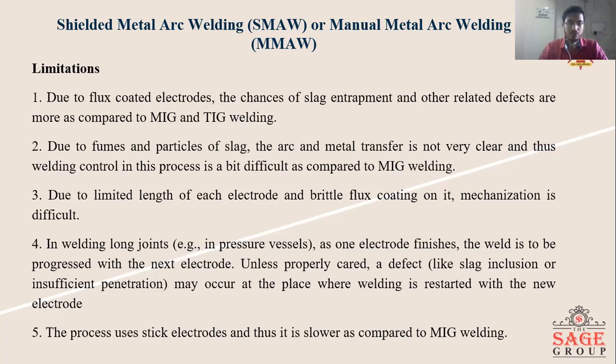In welding a long joint, as one electrode finishes, the weld has to be continued with the next electrode, and unless properly cared for, a defect may occur at the place where welding is restarted with a new electrode. So this is also a limitation or disadvantage. The process uses a stick electrode and thus it is slower as compared to MIG welding. So these are the limitations or disadvantages of SMAW welding.